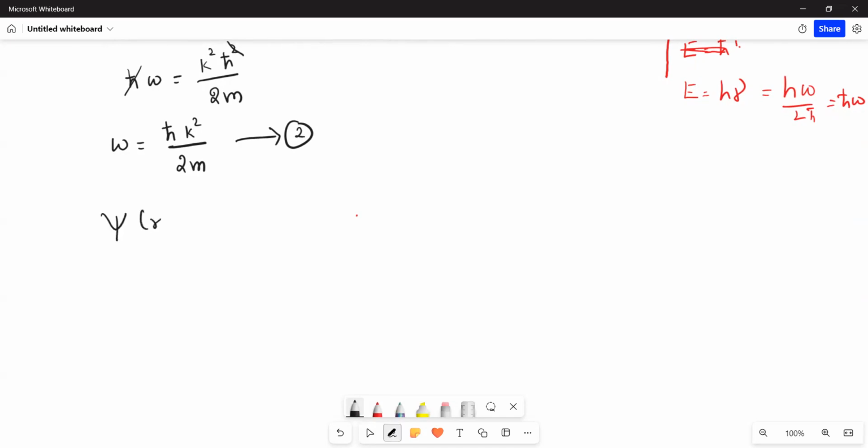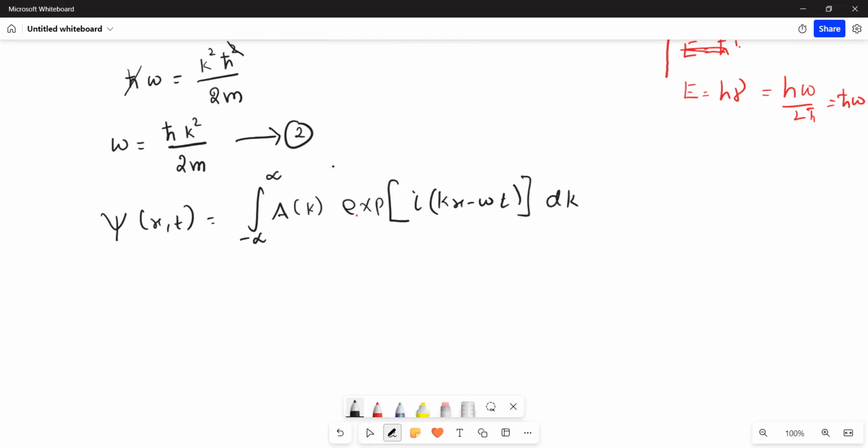The wave function psi of x comma t is the integral over minus infinity to plus infinity of a of k, exponential of i (kx minus omega t) dk. So now you need to substitute this omega value in this equation.